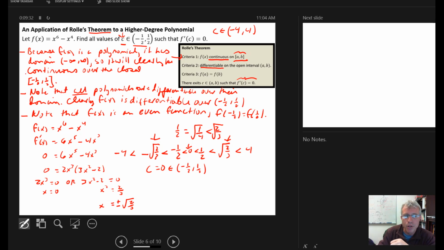The argument I would have made would have run basically the same. I just would have been changing the negative 1/2 and the 1/2 to negative 4 and 4.